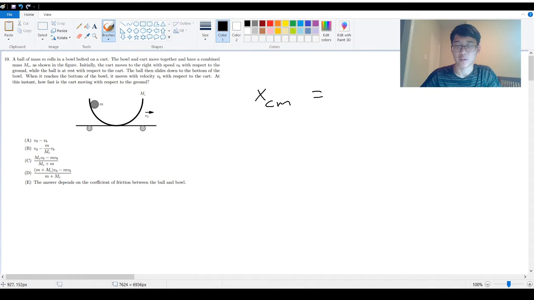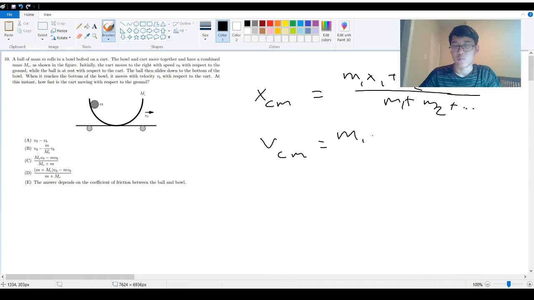So remember, the equation for the center of mass is the mass times x1 plus the mass times x2, and so on, for all the masses. But if we instead look at the velocity, we take the time derivative, so the velocity of the center of mass is equal to m1 v1, since the time derivative of x is just v, plus m2 v2.